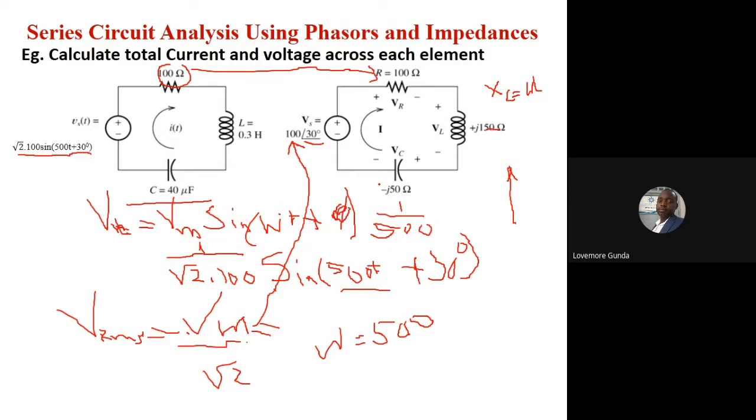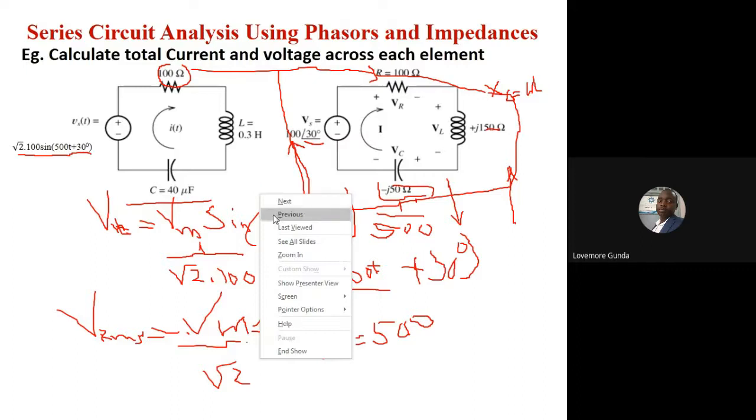It's now a minus j because XC is on the negative imaginary axis. So this is now the circuit which you have to analyze, with the impedance now given in the proper values. Okay.